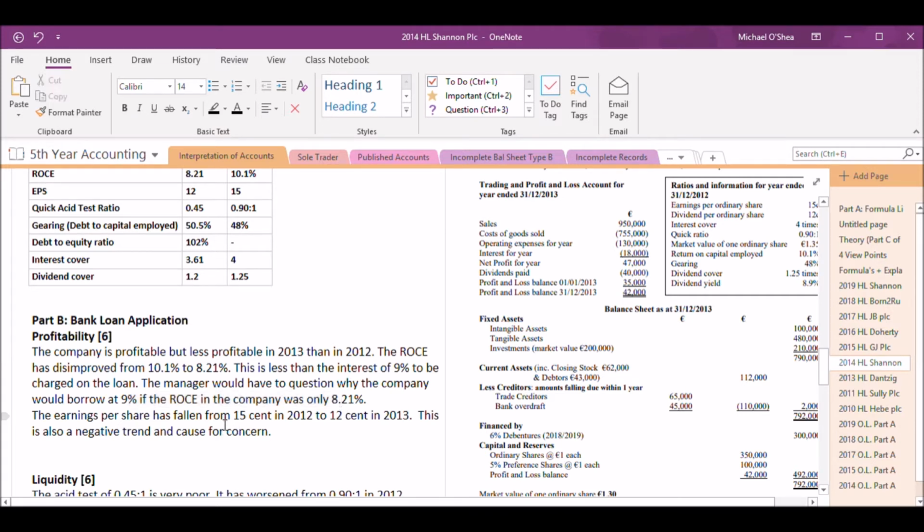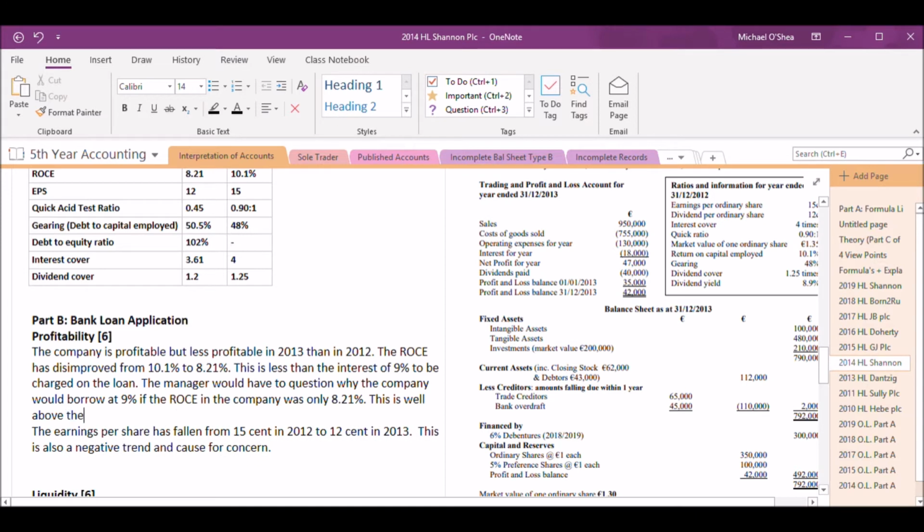The earnings per share is the second thing to comment on here. Was 15 cents last year, 12 cents this year. So again, another negative trend here, and it's a cause for concern. She didn't make a reference to this, but it is well above the return from a risk-free investment of 1 to 2%, not too relevant.